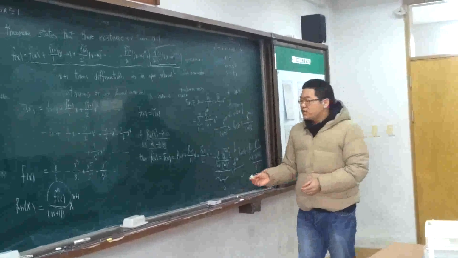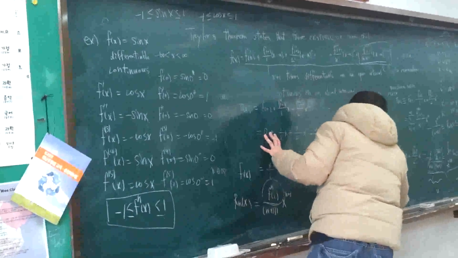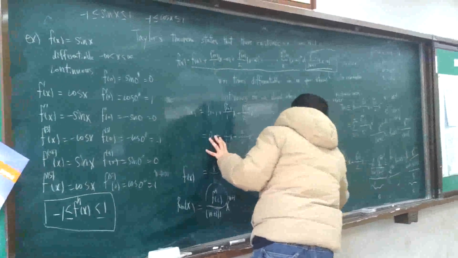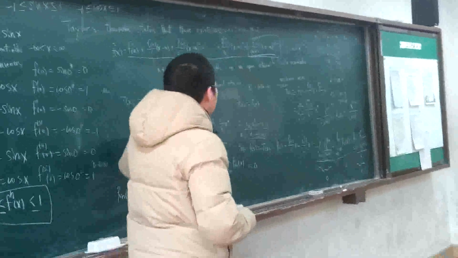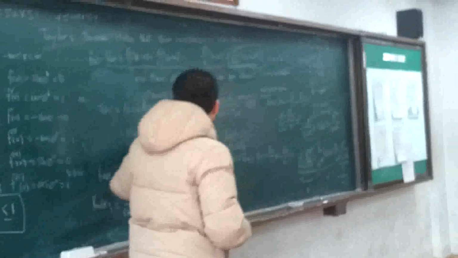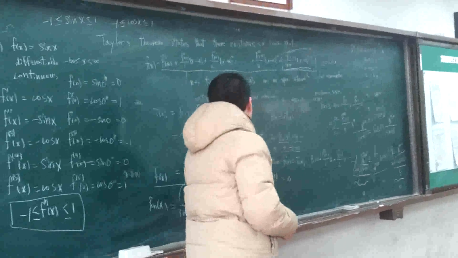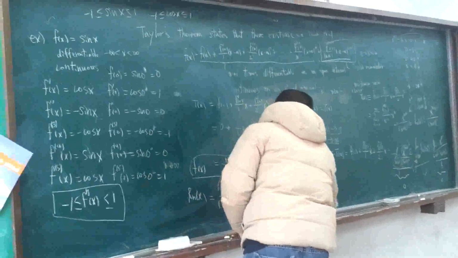So you can say when we think about sine x, the remainder term as n approaches infinity equals 0. And it means f(x) equals the Maclaurin expansion of the function. So f(x) actually equals this series.